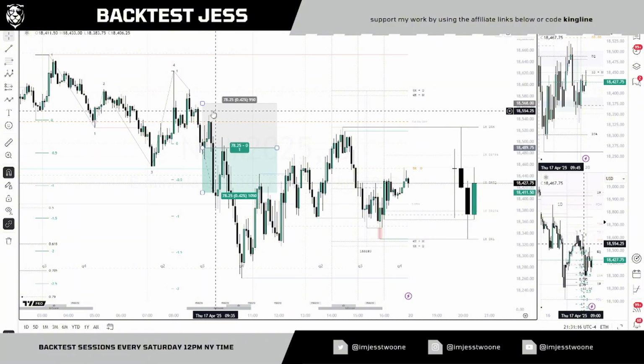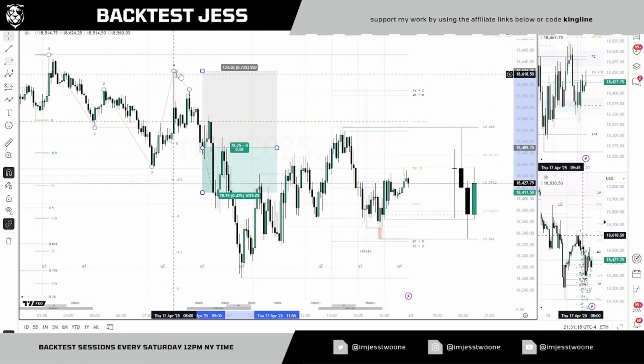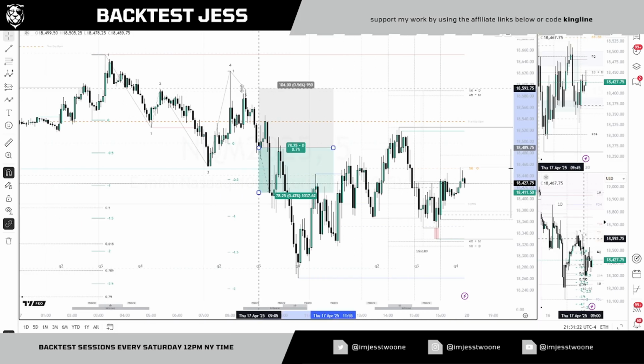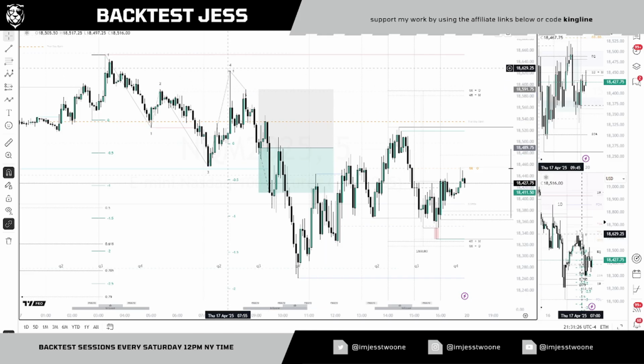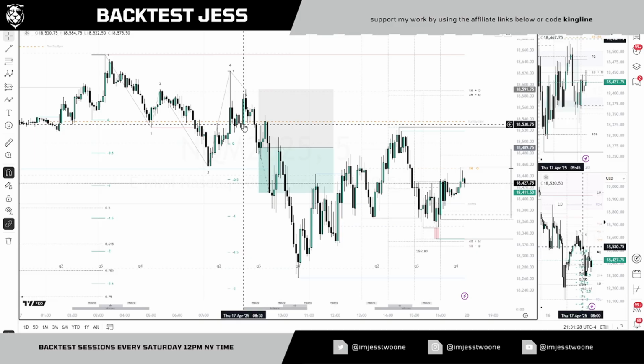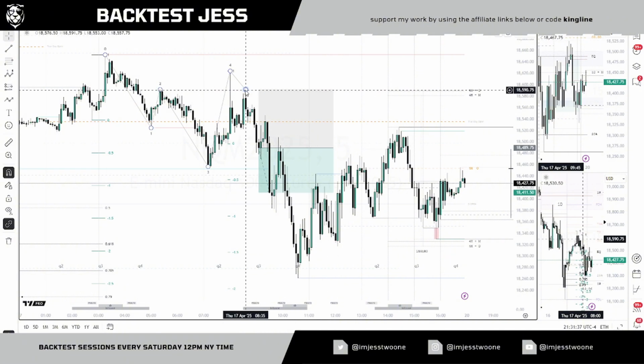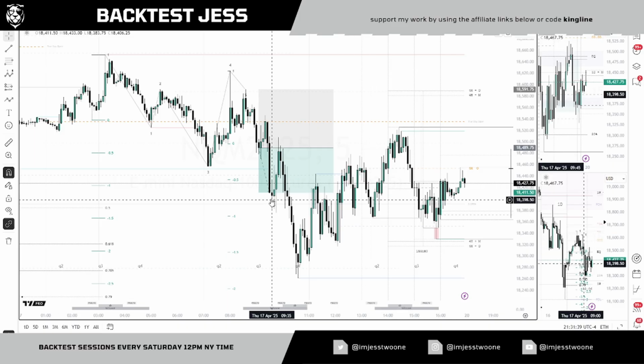I'm just going to take the open. Although I don't think my stop was that wide. I must have used this one, I assume. Because I definitely didn't take this one. I entered here. Or I thought I entered here. And I was explaining it to Adrian. So it had to be this one. Okay, yeah. So I'm going to assume that my stop loss was here. So 102 points.